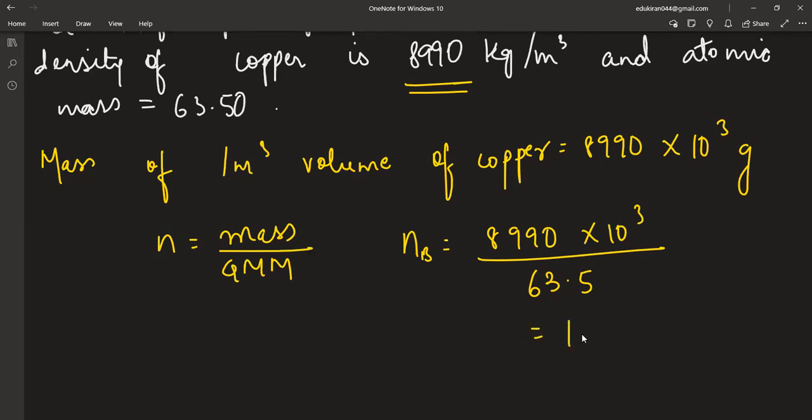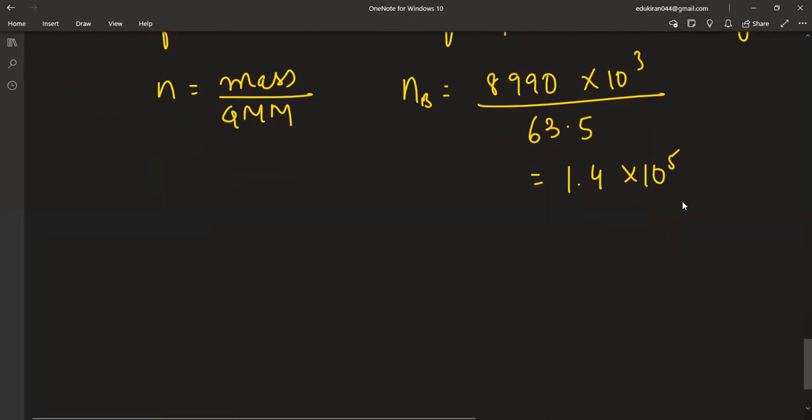This should be around 1.4 into 10 to the power 5. Please just cross check this once while you're writing. So this is the number of moles you're having.